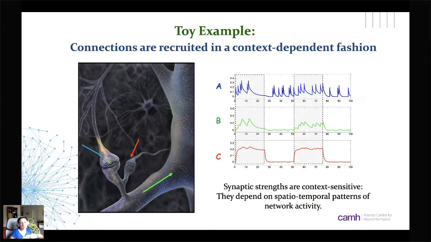So let's take a toy example illustrated in this basic diagram. So we have two regions that are synaptically connected. We have neuron A, two regions, neural populations. Here, let's just reduce it to simple neurons. The connectivity between neuron A in blue to neuron B in green is modulated by a third neuron, neuron C, which is in red.